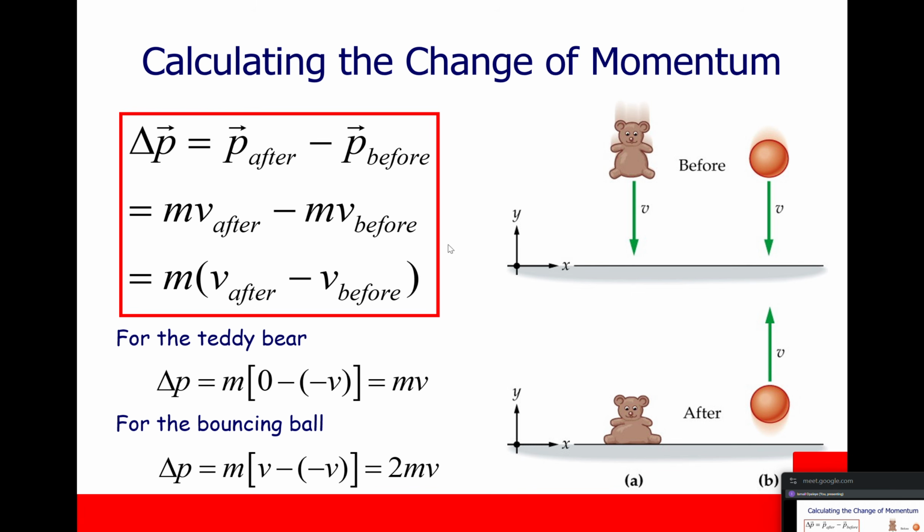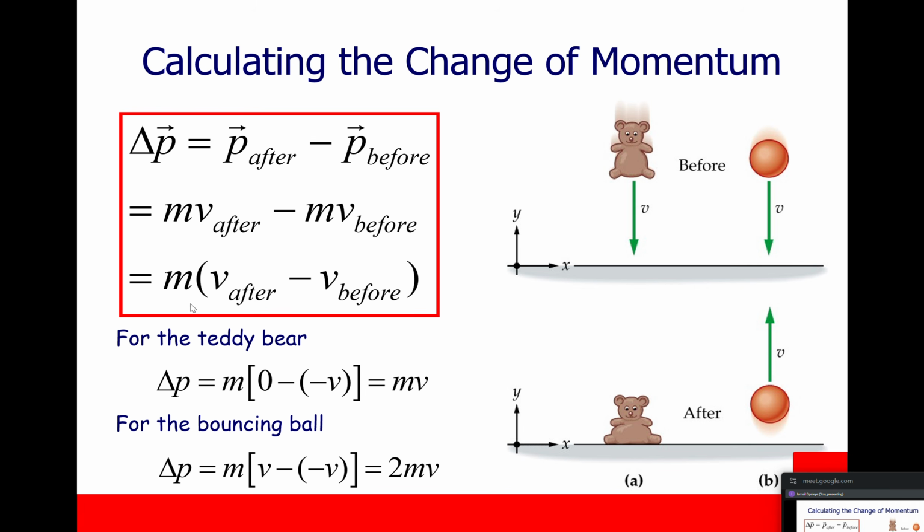Say calculating the change in momentum. You have your change in momentum here. That's the formula: P after minus P before, which is mass times velocity after minus mass times velocity before. When you take the common variable, which is the mass, you are able to factorize.